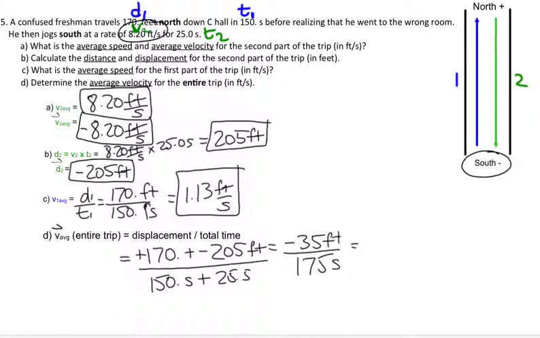His average velocity, which includes direction, is very different from his average speed. We're taking just his displacement. He ends up just 35 feet below where he started because he ran kind of a long way. If you do that math, you end up with a very small number, 0.20 feet per second. All right, last problem.